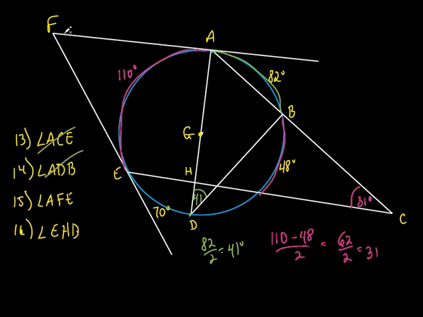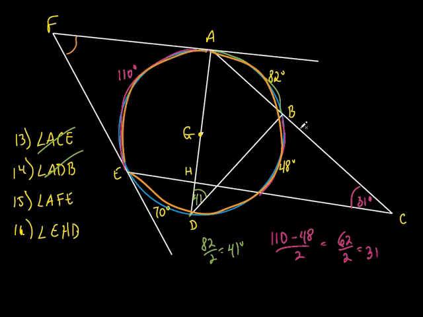AFE. So that's this one up here. Let's go to a different color. What haven't we used yet? Orange. So AFE. This is a tangent, isn't it? It's tangent right here and it's tangent right here. And it has two arcs that it cuts off. It's this big one all the way around to here, and this one right here.